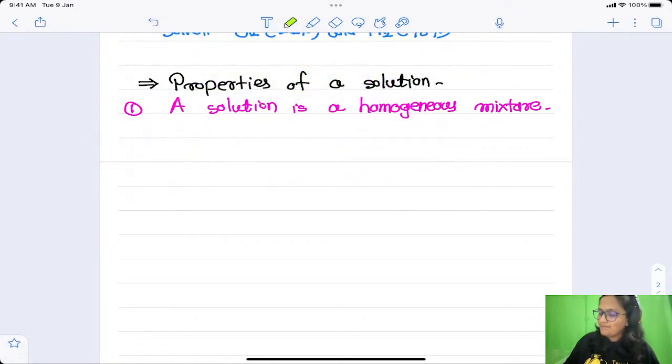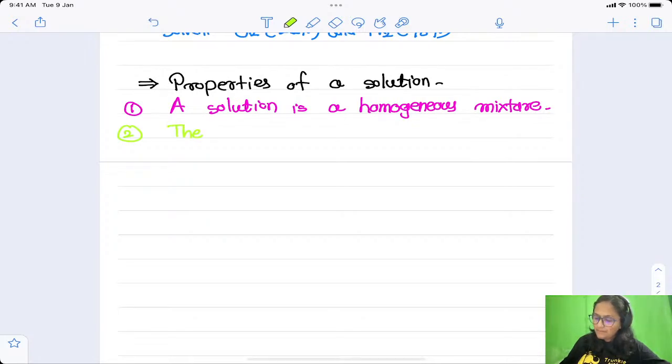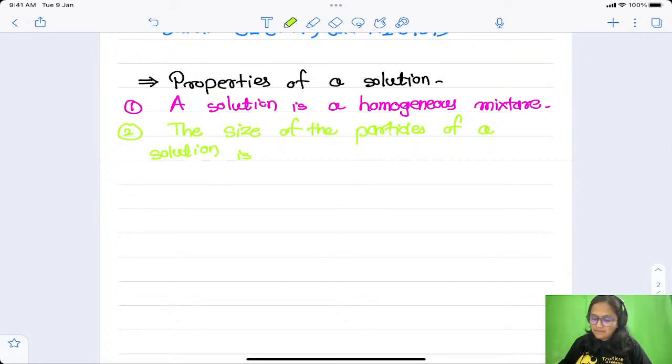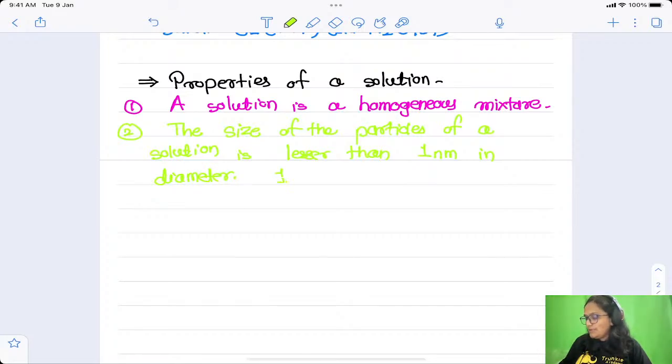The second property: the size of the particles of a solution is lesser than 1 nanometer in diameter. 1 nanometer is equal to 10 power minus 9 meter.